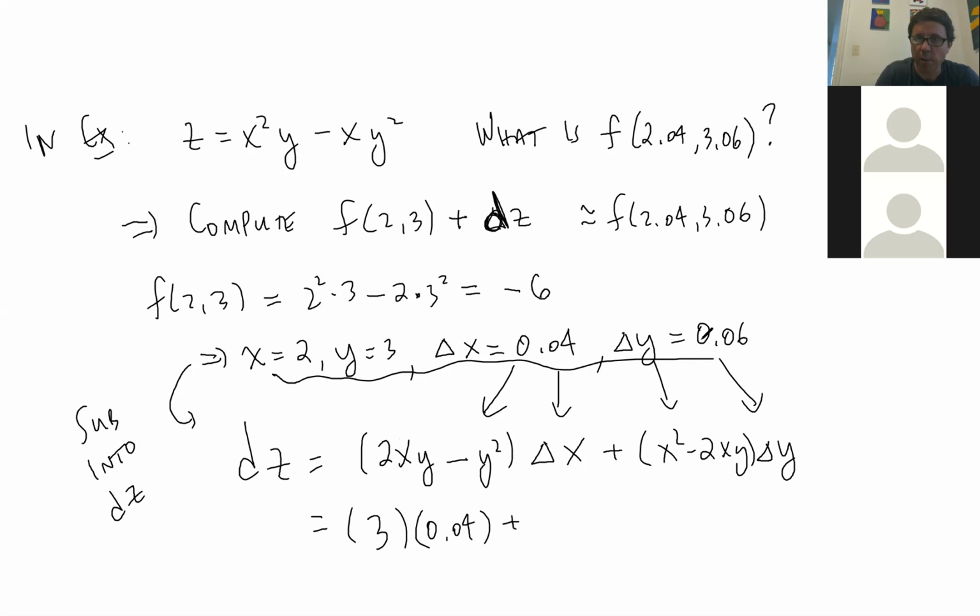Let's substitute into this last one here. We get 4 when we plug in x equals 2, minus 2 times 2 times 3. So 4 minus 12, you get negative 8. And then we multiply that by 0.06. There will be some calculation, but this is super easy.